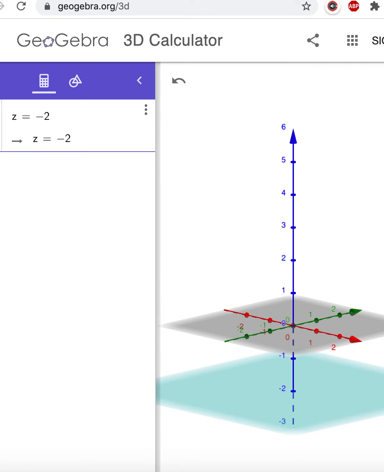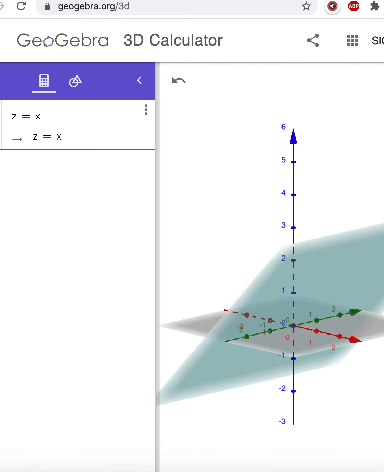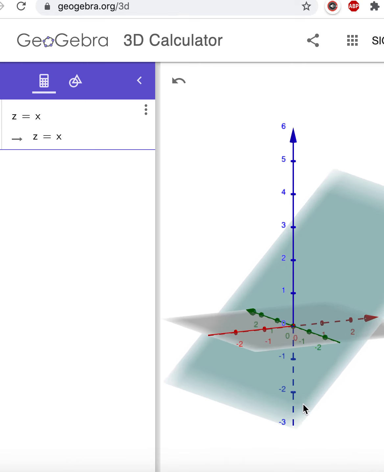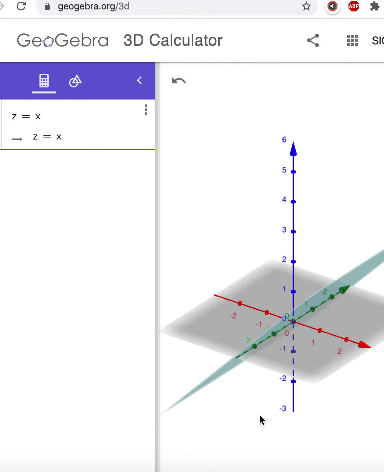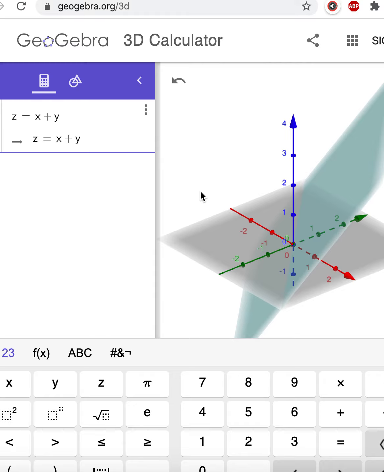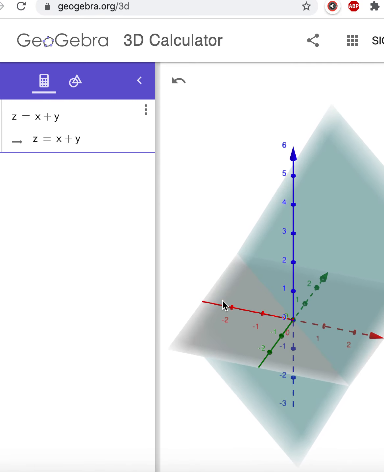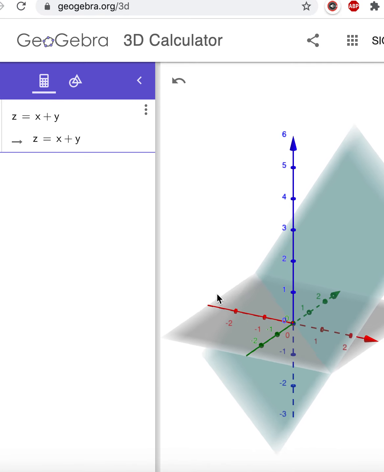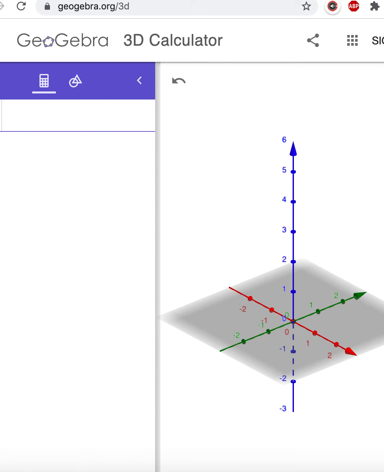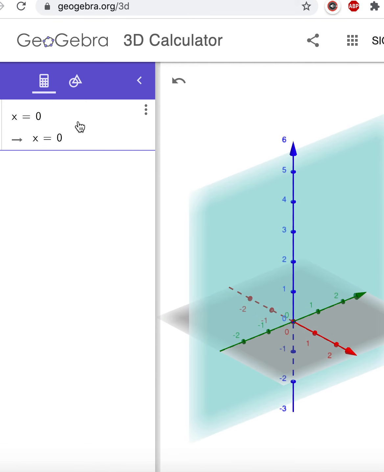Let's try some other types of planes, perhaps a slanted plane. We could do z equals x. Or perhaps z equals x plus y. We can change the orientation of the plane. And what if we were to eliminate the z altogether and get perhaps x equals 0?